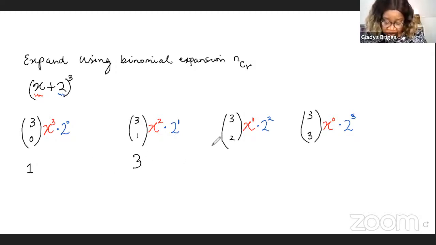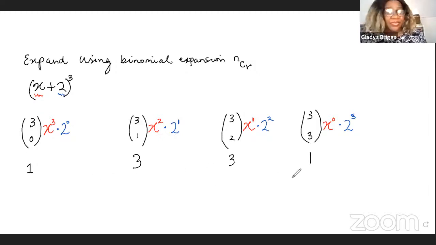And 3 choose 2 would be 3. Good. And 3 choose 3 would be 1. Okay, so of course you can see that that's the third line of Pascal's triangle.